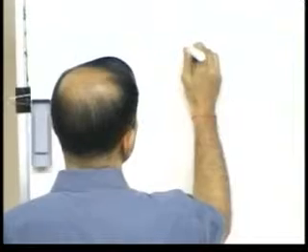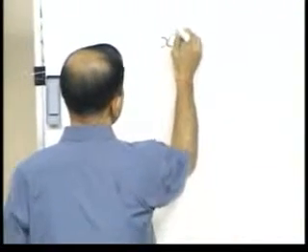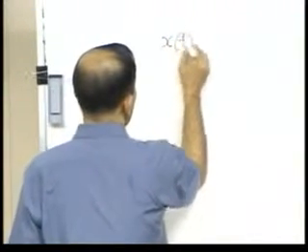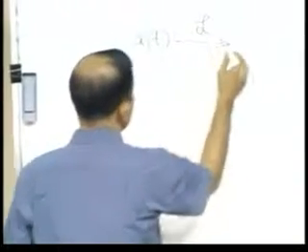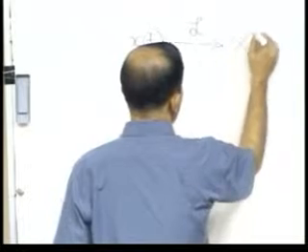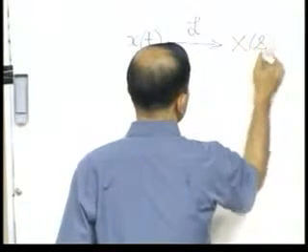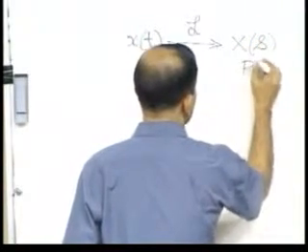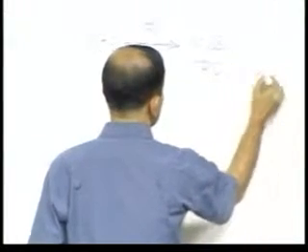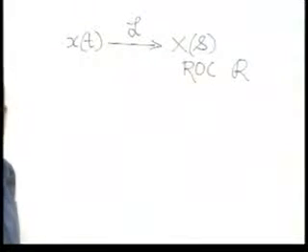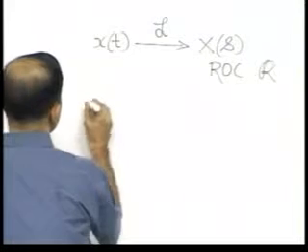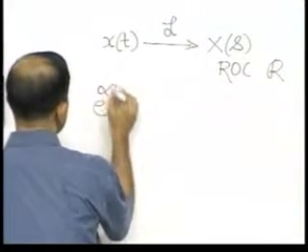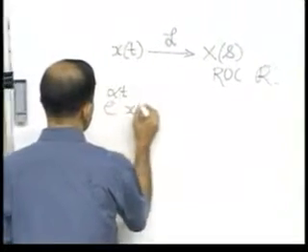Let us assume that the function x t has a Laplace transform given by the expression X s with a region of convergence R. We shall ask what is the Laplace transform of e raised to the power alpha t times x t.